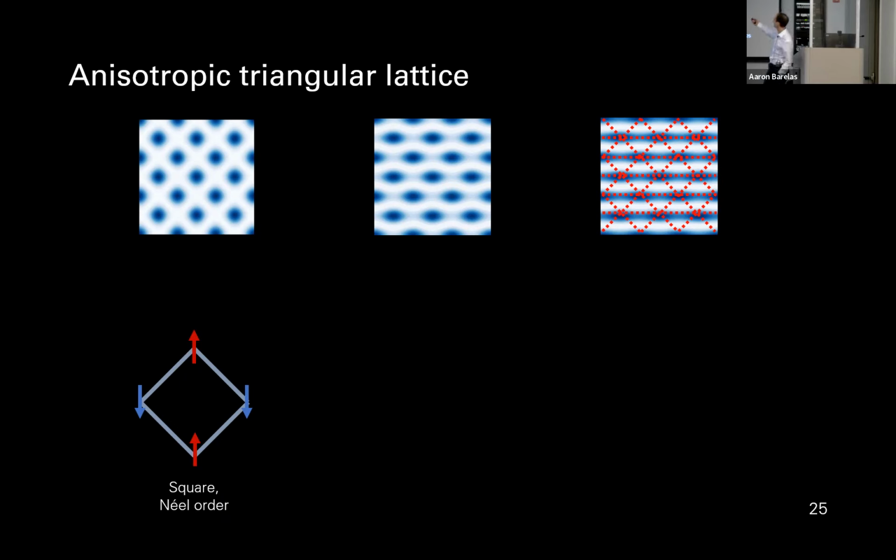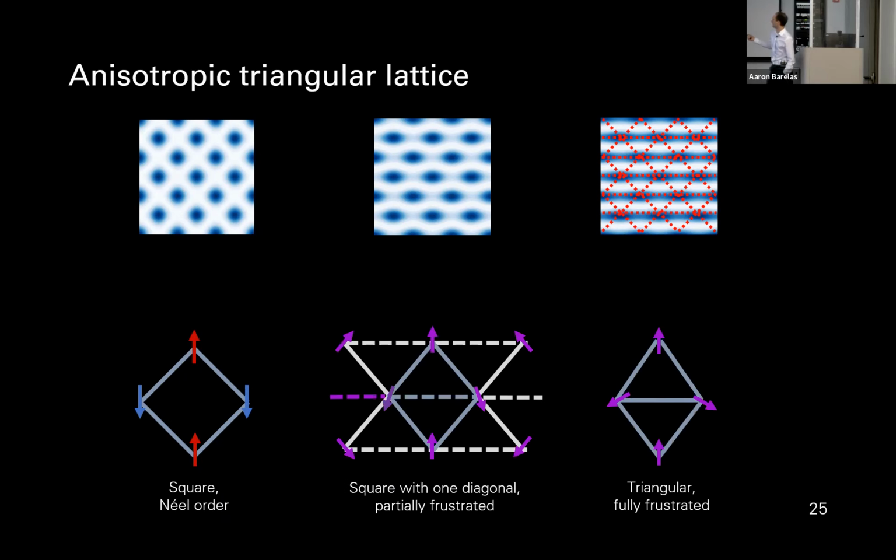You can see that potential on the right as a stretched triangular lattice that behaves like a triangular lattice. As you change that anisotropy continuously, you can create fully frustrated triangular lattices.